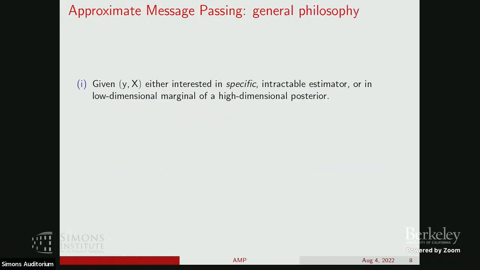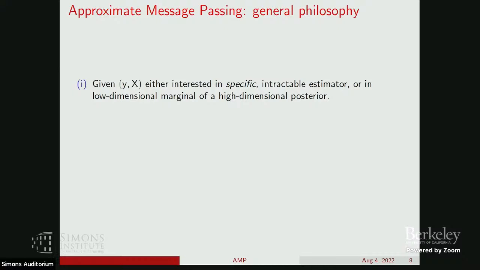So why are they useful in the context of statistical learning? The general premise, and I'll spend just one slide taking a rather high-level perspective here: why are these algorithms useful?